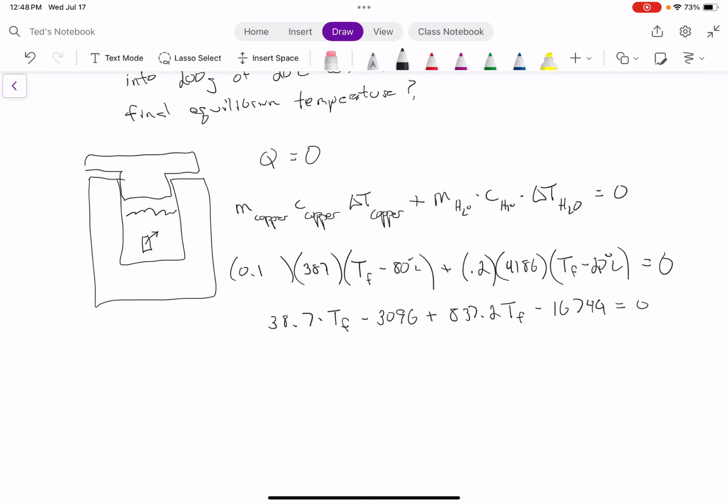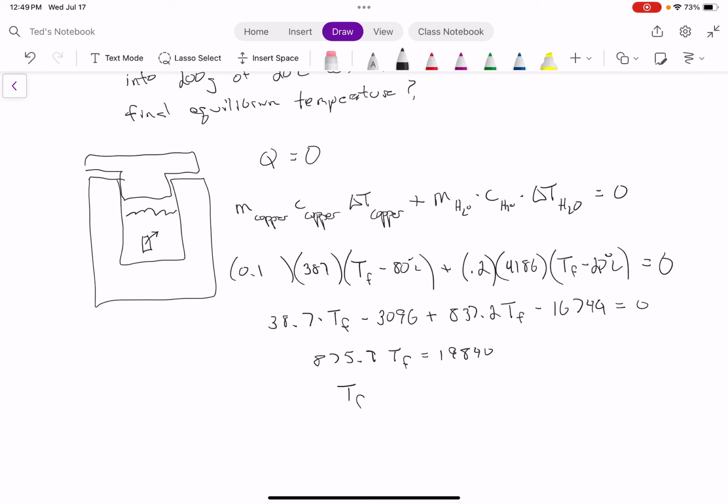Okay, so 837.2 plus 38.7 gives me 875.9 T final, which is equal to 16,744 plus 3096, which is 19,840.